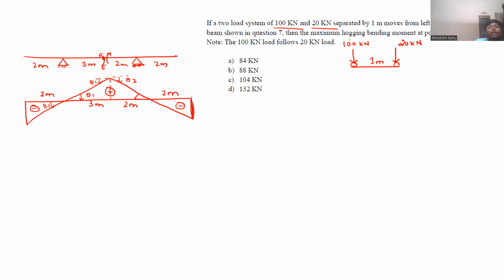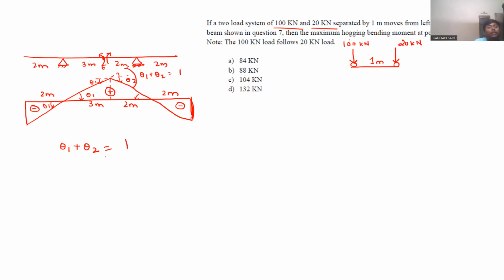Now, you can write theta 1 plus theta 2 is the complete rotation. Theta 1 plus theta 2 is equal to 1. Why are we writing equal to 1? Because we have given unit rotation.